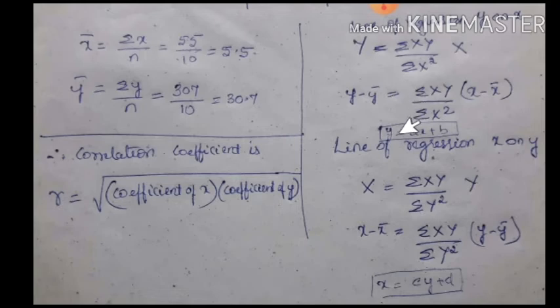When you get the line of regression in the form y equals ax plus b, the coefficient of x is the a value from the simplified answer. Then the coefficient of y is from the line of regression of x on y, which here is 8. So directly you can calculate the correlation coefficient once you obtain the line of regression.